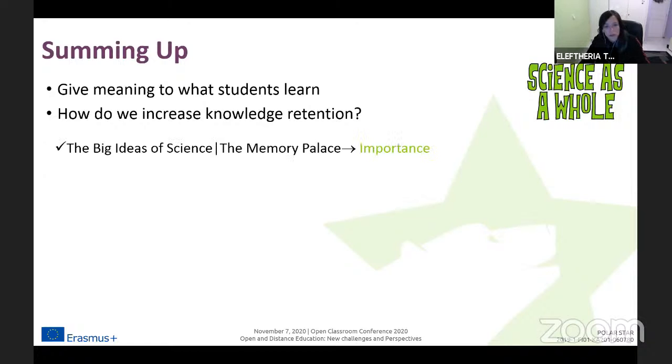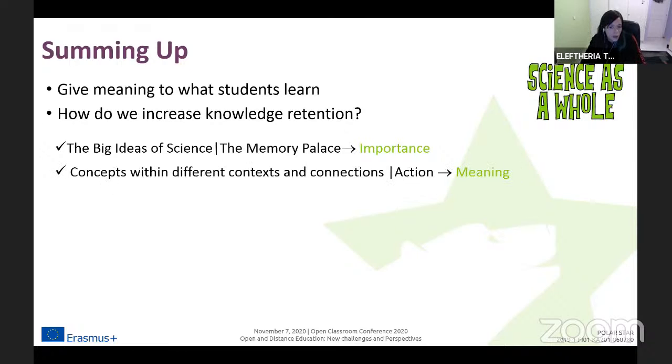And we do that using this 4 steps method, which highlights the big ideas of science as the main knowledge structure that we want to use as a reference point.